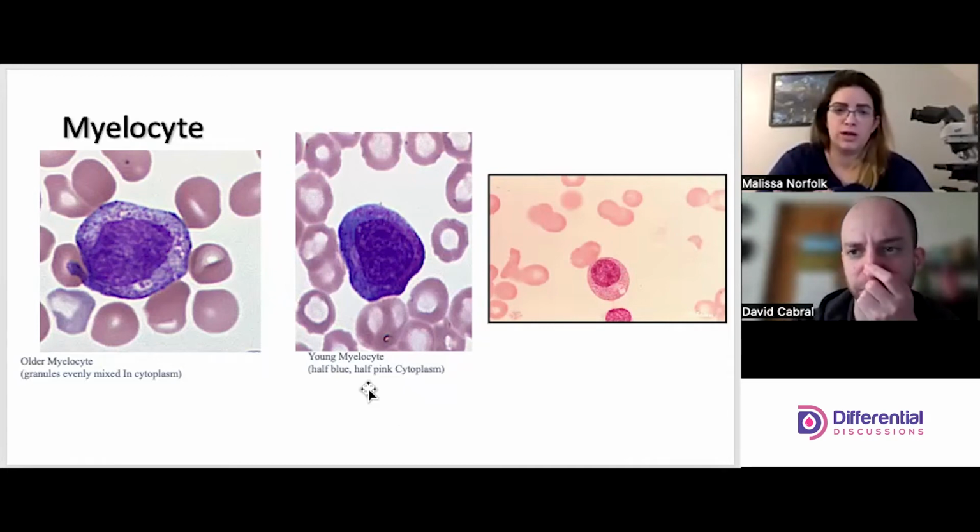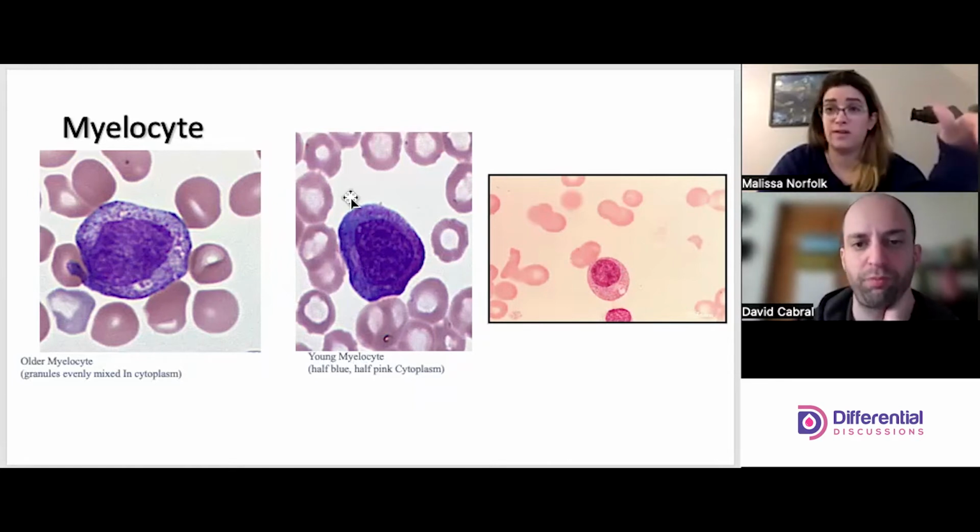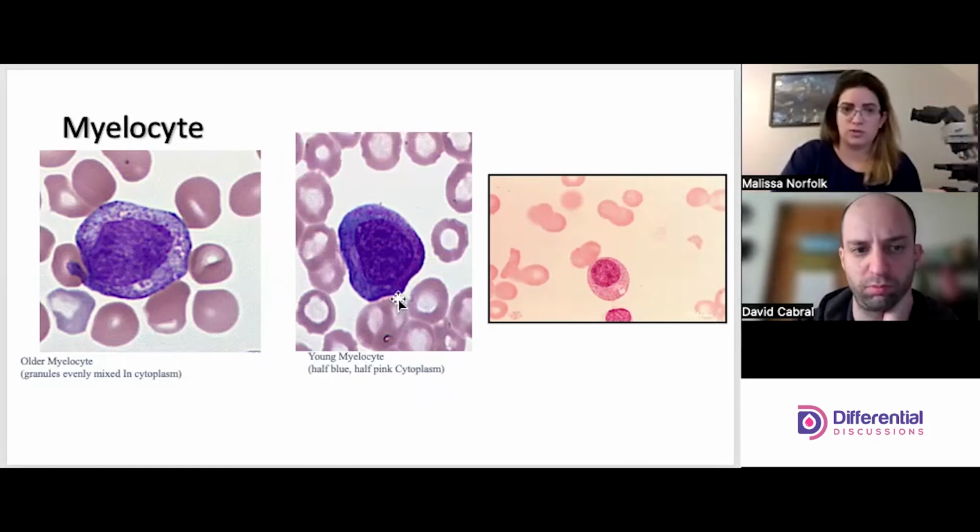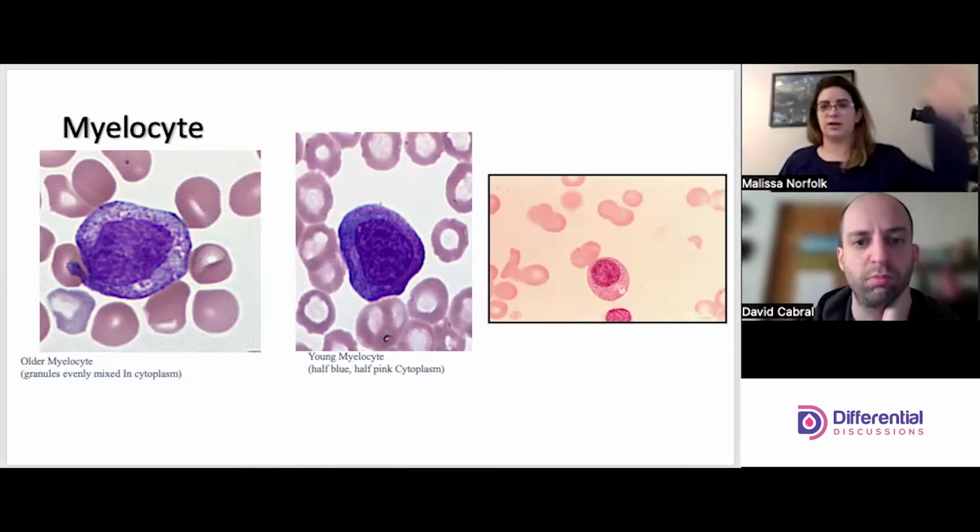One thing I like to point out is this is a younger myelocyte, so you have the primary granules over here, and the secondary granules over here, which are the specific granules, the neutrophilic granules. When you pour your secondary granules out of your Golgi apparatus, which is this poorly staining area right here, your primary granules are pushed to one side and your secondary granules populate.